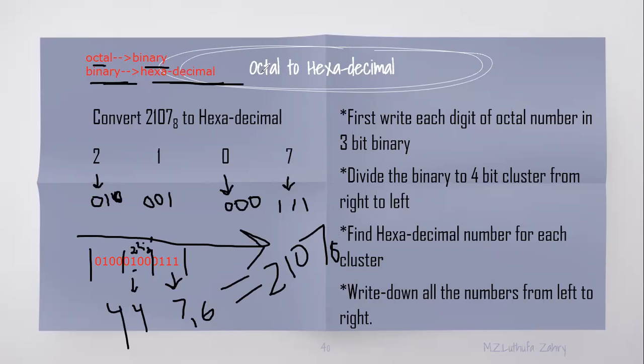Is that clear to you all? Clear now? Okay. So simple step, octal to hexadecimal means you have to convert octal to binary first and then binary to hexadecimal.